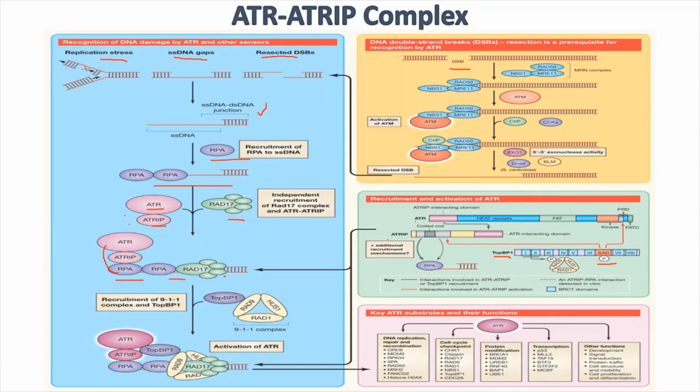So the RAD17 is one of the proteins along with RAD9, which is responsible for recruiting TopBP1 to the site of damage.